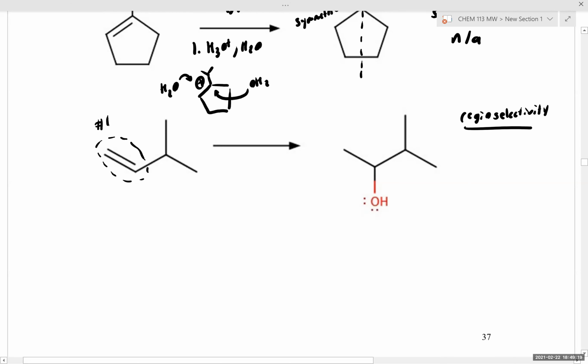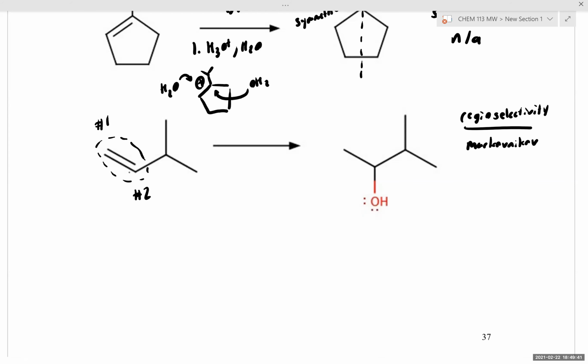So position 1 and position 2. What position is most substituted? 1 or 2? 2, right? So the regioselectivity for this reaction would be Markovnikov, right? Because with respect to this alkene, our alcohol is installed at the most substituted carbon.